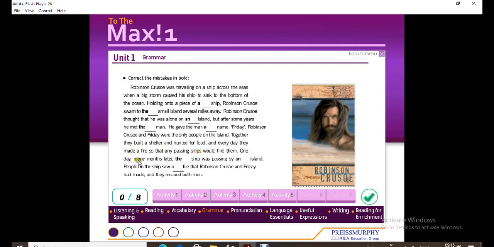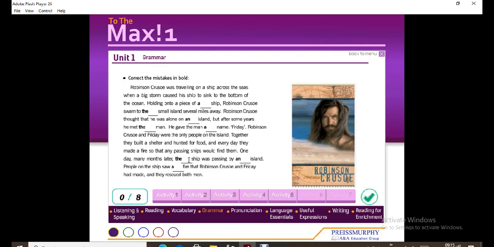One day, many months later, a ship. Here students, I'm talking about a new ship, not this one. This is a new ship. I am mentioning it for the first time, so I'm going to use "a".